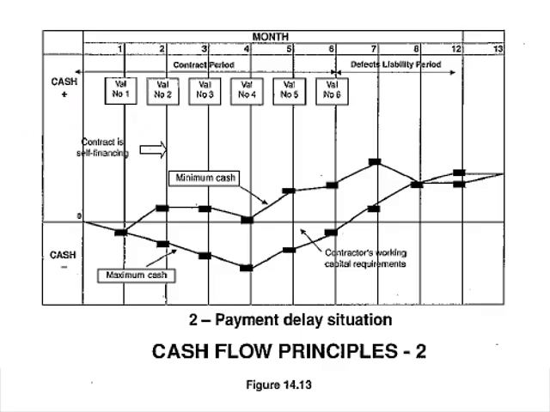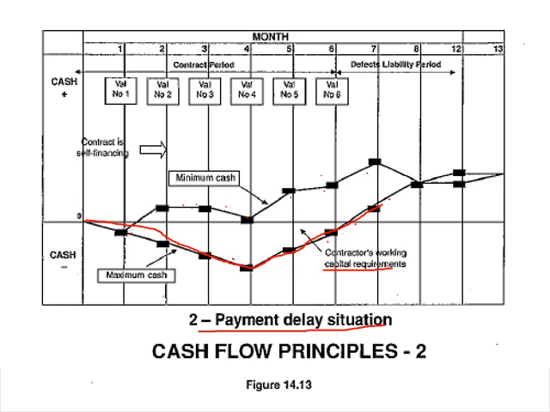And then if you have your payment delay situation, your optimal trend actually looks much better with your secondary graph, and your capital requirement, the contractor's working capital requirements, is much lessened. So your minimum cash flow is relieved, and your maximum cash flow calculations are much better than they would be in a normal contract.